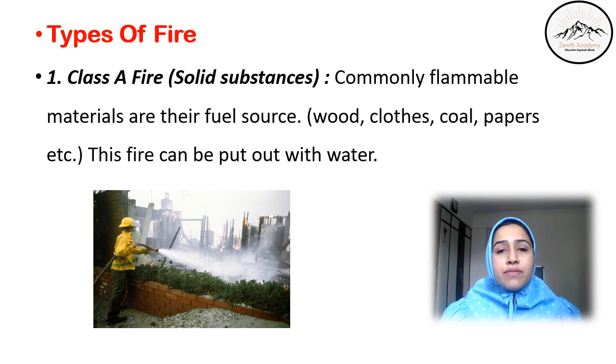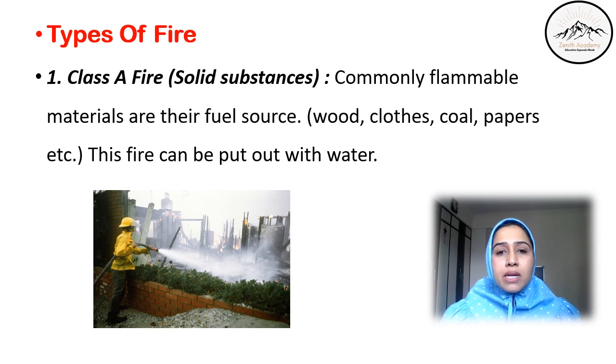Fire is classified into various types or classes based on how it occurred and what are the means by which it can be put out, extinguished. So let's move ahead. The first one is class A fire, that is solid substances. Commonly flammable materials are the fuel sources.